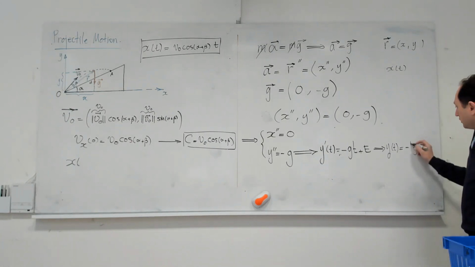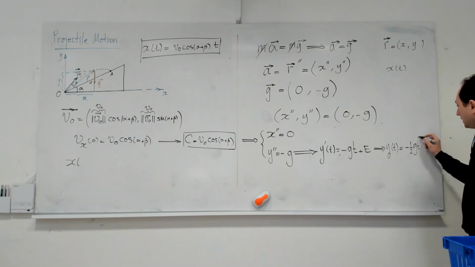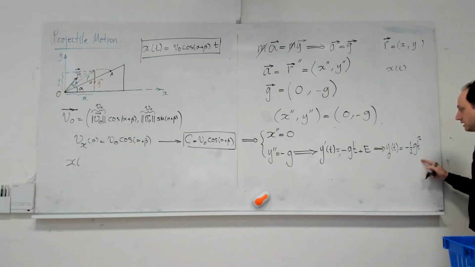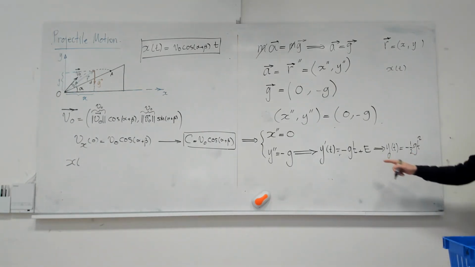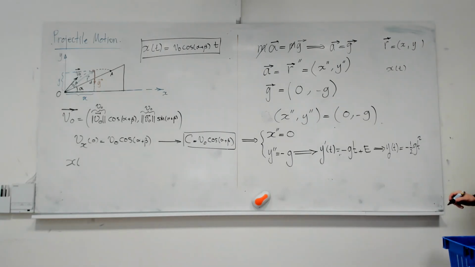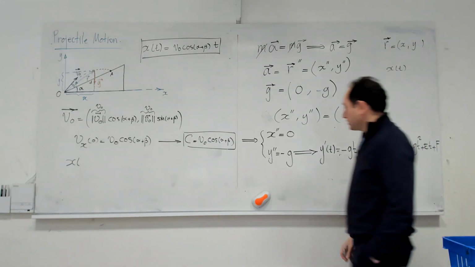So I put 1 over 2 here and t squared here, and I think this is familiar for you, yes? And then when I go here, what is a primitive function for the constant e? E t, yes, and then might be another constant, so let me call it f. And that is also a famous formula, yes? So it's a consequence of Newton's formula.